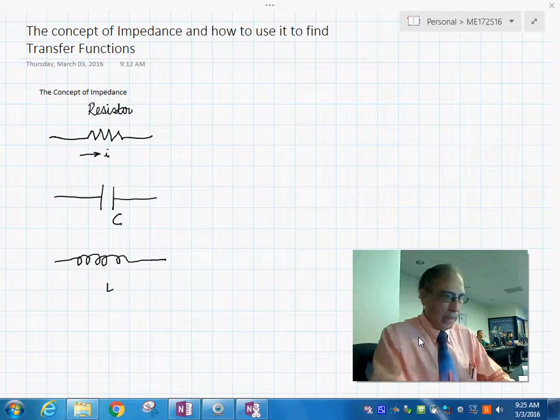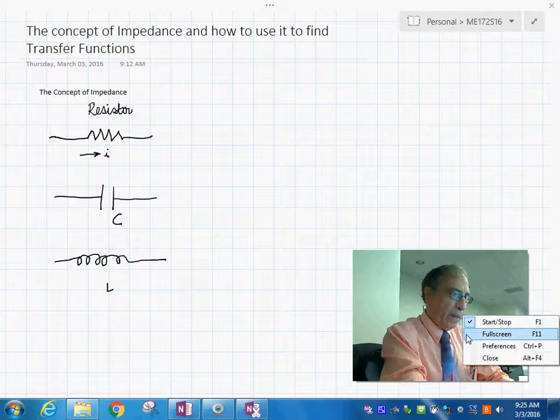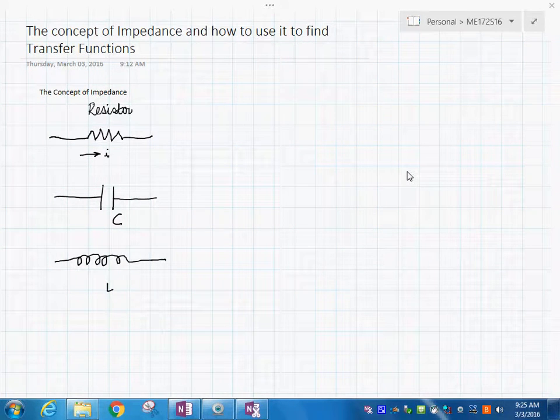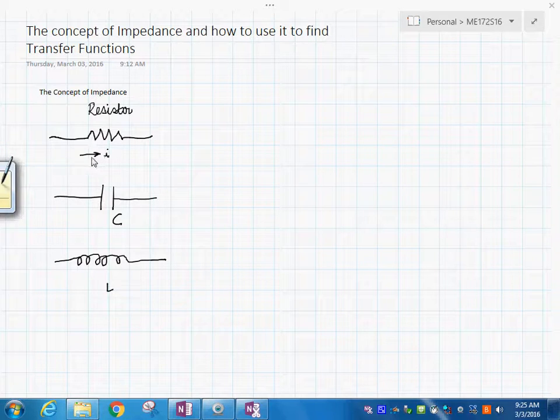So let's start with the basic elements and the basic equations. We have here the first one. In this case, how do we write the constitutive equation of this? We say that the voltage across the resistor is equal to R times the current, yeah?